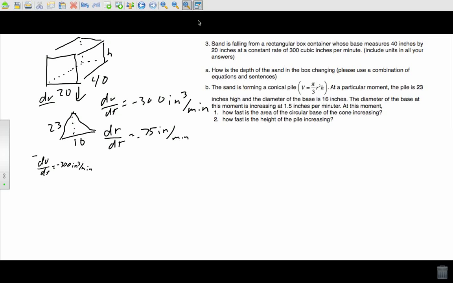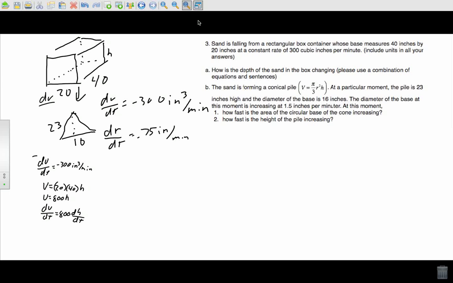And volume is going to equal 20 times 40 times the height, or the volume is going to be 800 times the height. So dV/dt is going to be 800 dH/dt.